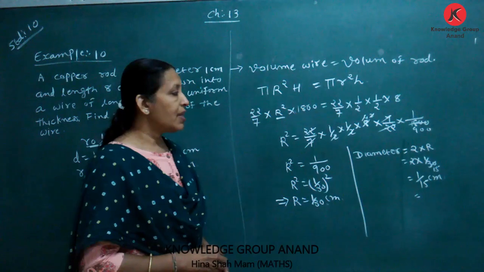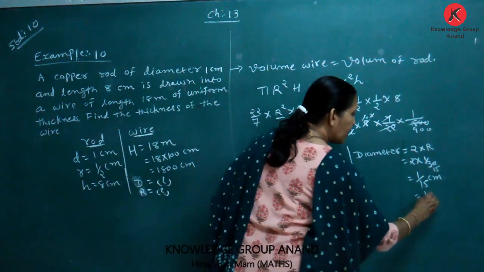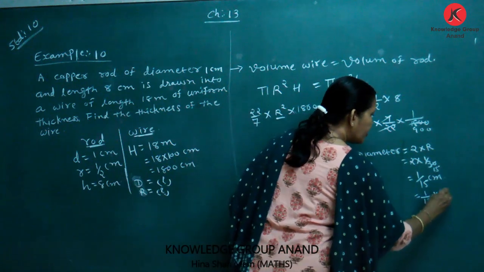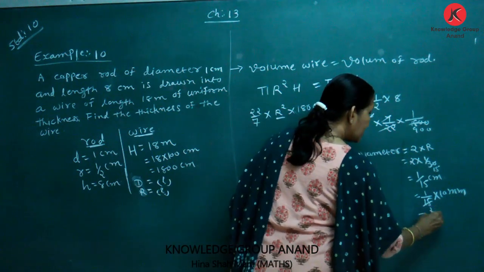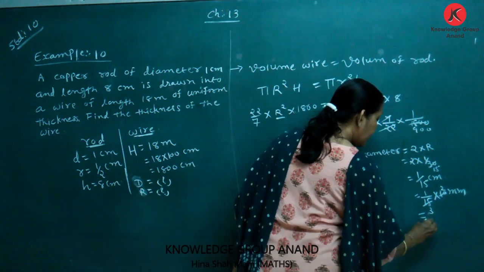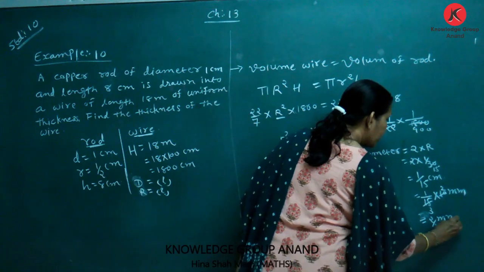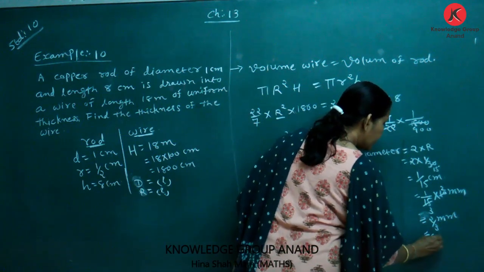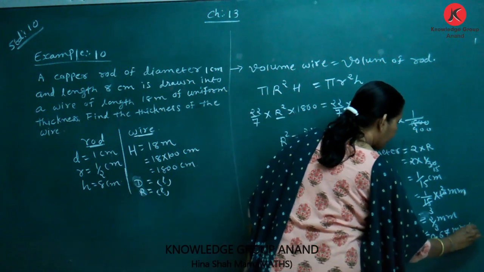How many millimeters are equal to 1 centimeter? 10 millimeters. 1 upon 15 into 10 millimeter, which is 2 by 3 millimeter, equal to 0.67 millimeter approximately.